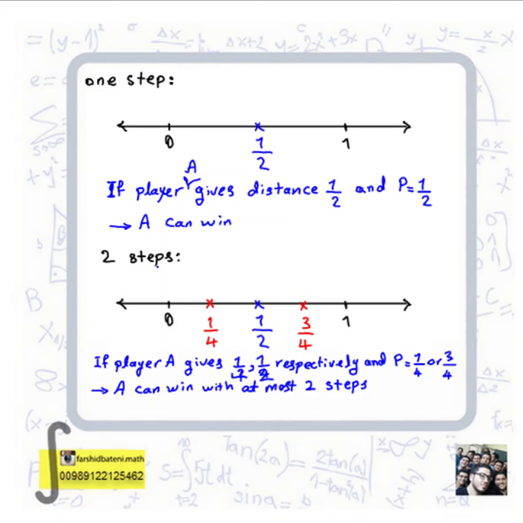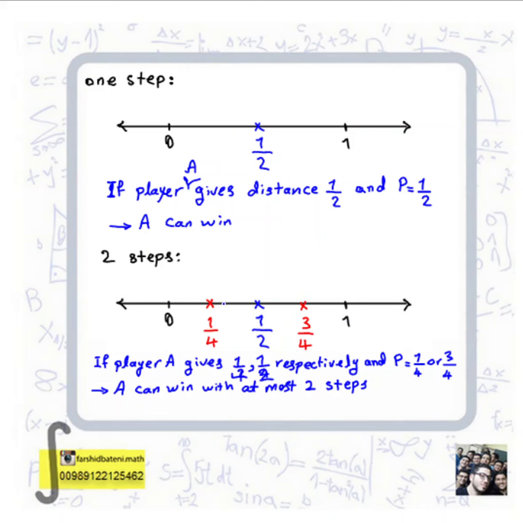In two steps, if we consider the midpoints of these two intervals, the red points, then player A gives distance 1 over 4, and if necessary in the next step 1 over 2, and the robot will reach 0 or 1 in at most 2 steps.